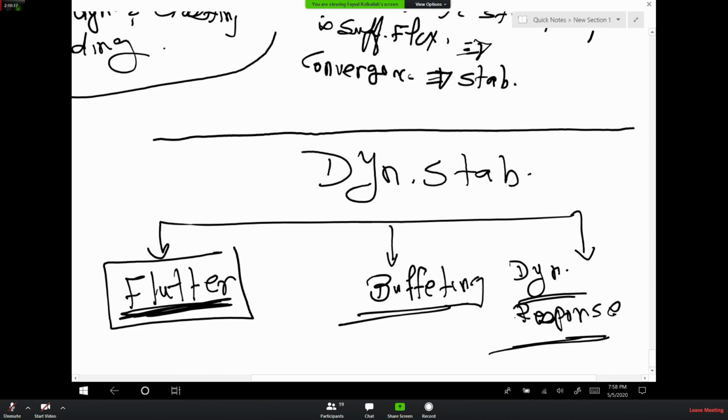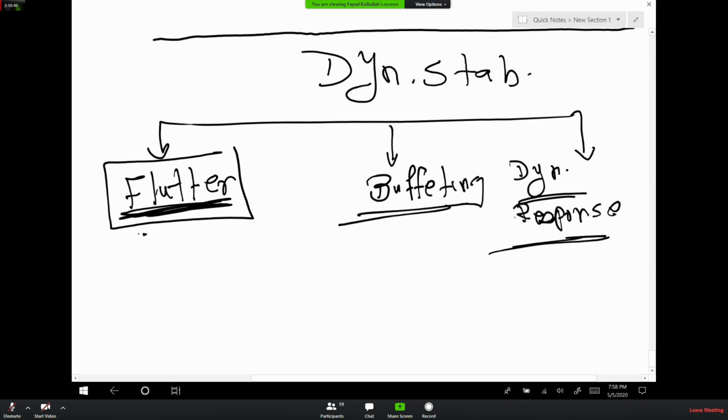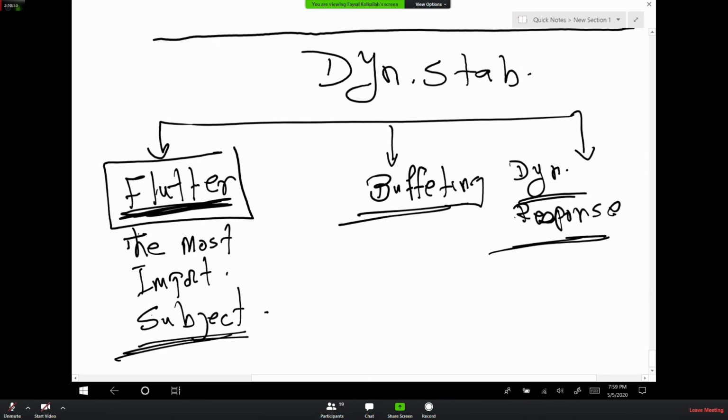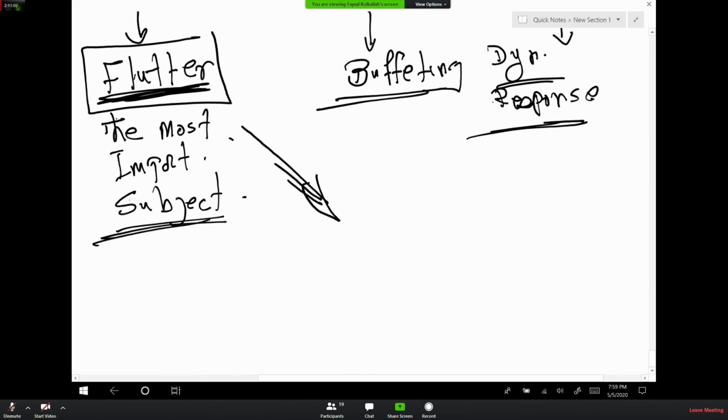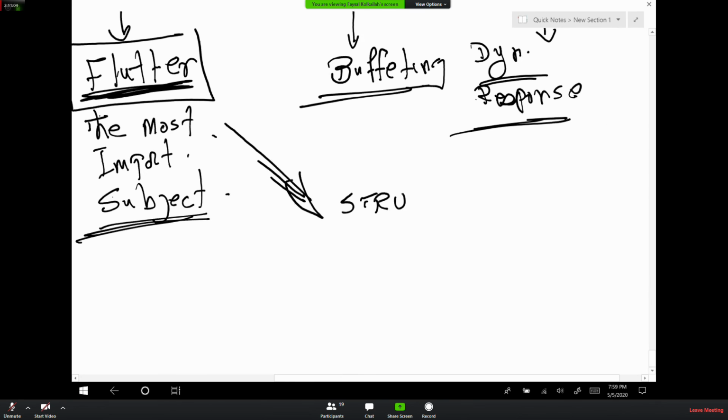And that's really the most important subject for what we are talking about. Why? Because this is what we call structural vibration.